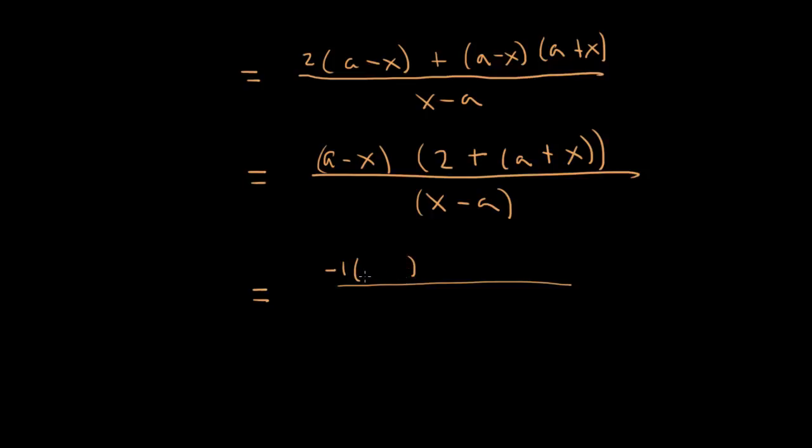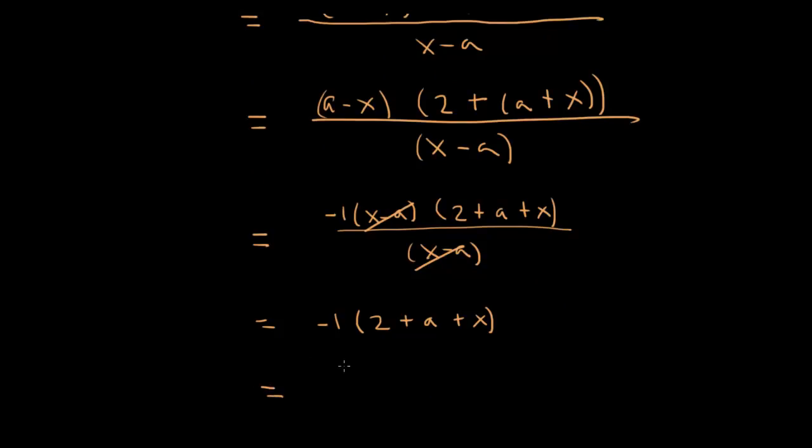So let's write in here x minus a, and then we would have 2 plus a plus x, and on the bottom x minus a. Now we can divide out a factor of x minus a, leaving us with negative 1 times 2 plus a plus x, which equals, multiplying by negative 1, negative 2 minus a minus x.